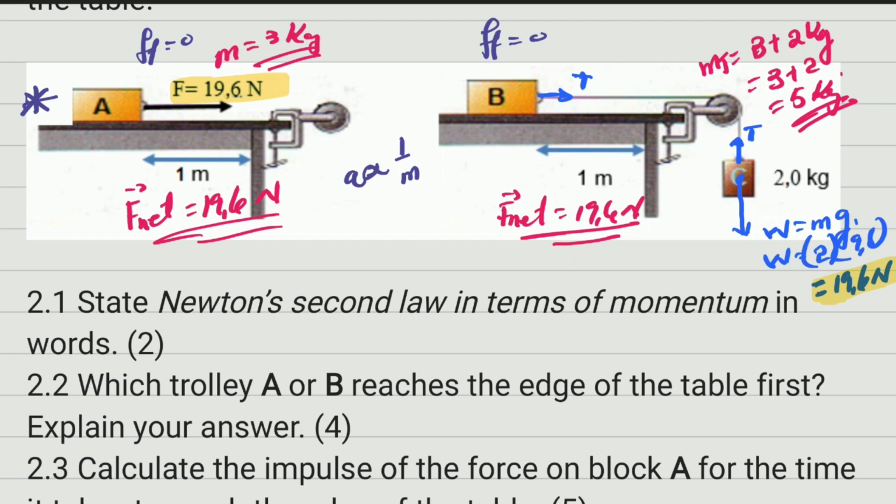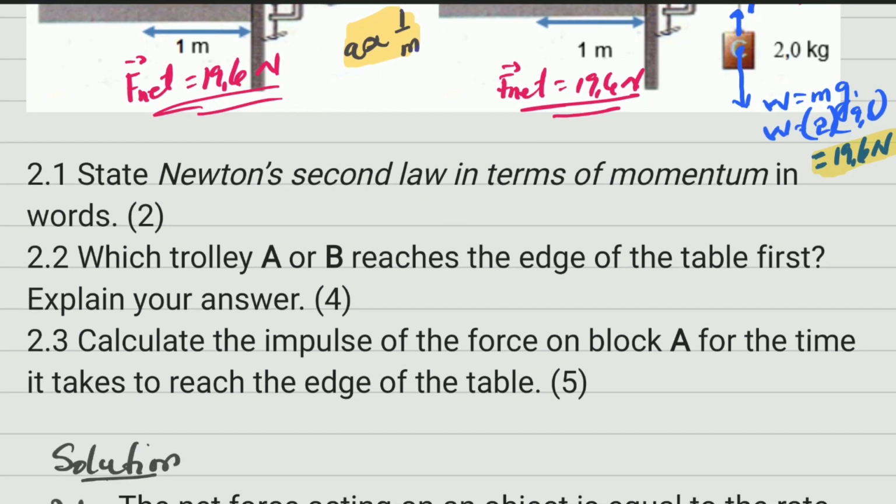And if it has a greater acceleration, it will reach the end of the table faster. It is very, very tricky. The rate of change in momentum is the same in both cases, but the mass is not the same. And because the mass is not the same, the rate of change in velocity is different. The velocity changes differently, the acceleration is different, and it's Newton's second law, and therefore block A will reach the end of the table first. Guys, that is quite tricky. It is really, really tricky.